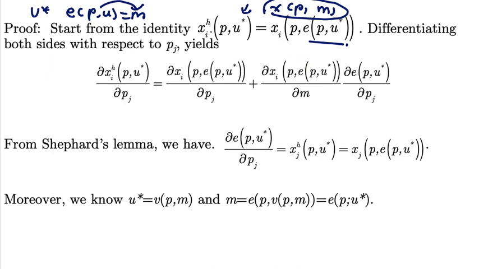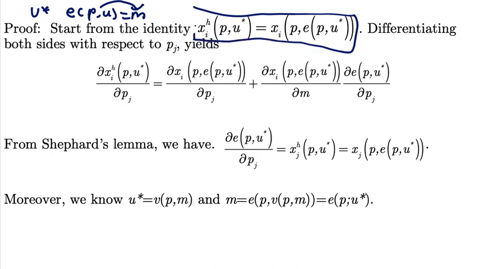What we need to do with this expression, let me erase this one so that it won't be a mess, is differentiate this identity with respect to the price of good j. When we differentiate it, we get something like this. Remember, this one is actually X as a function of prices and M. When we differentiate the left-hand side with respect to Pj, we also need to differentiate the right-hand side with respect to Pj.